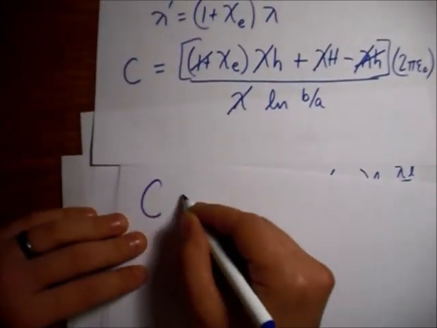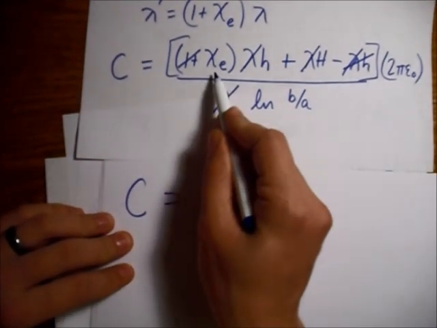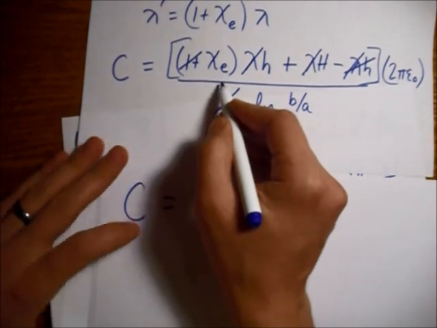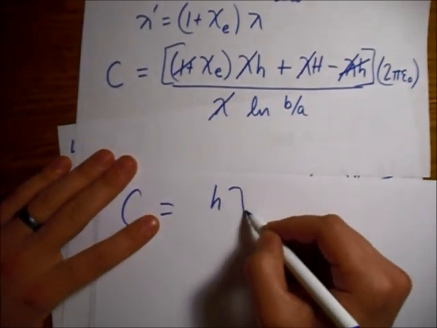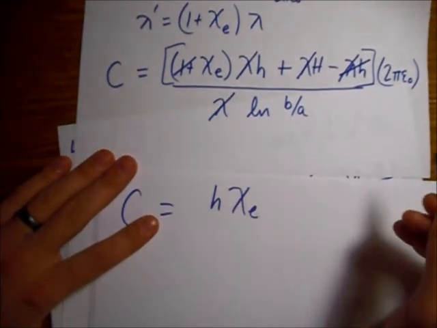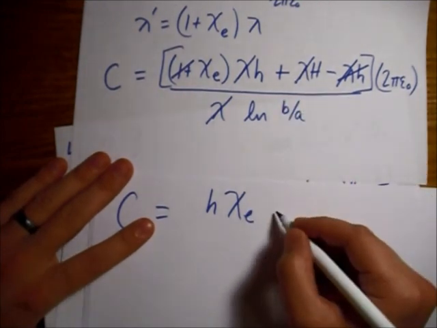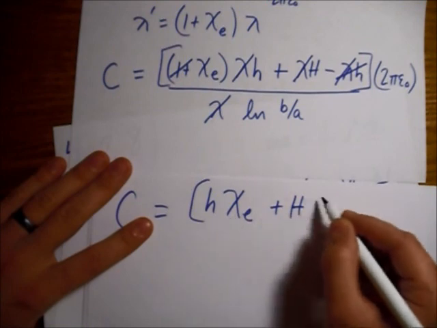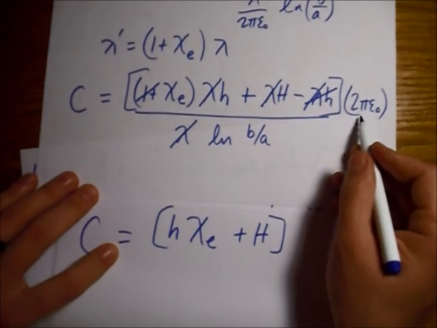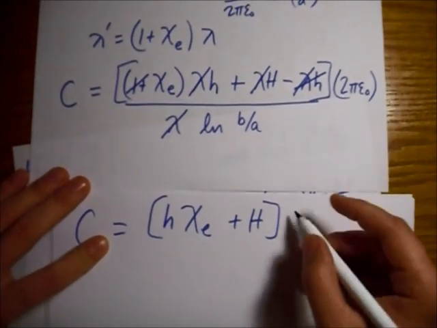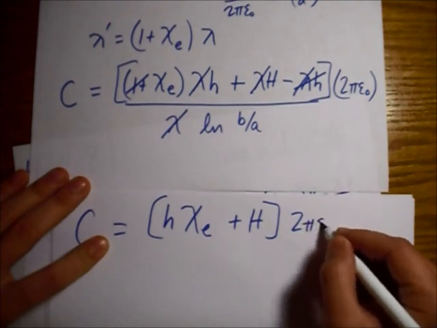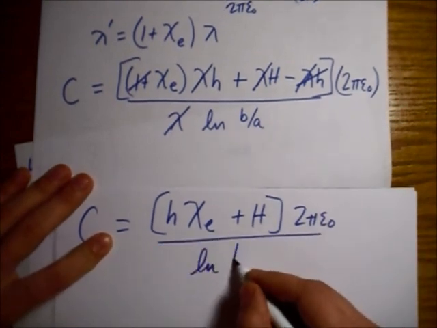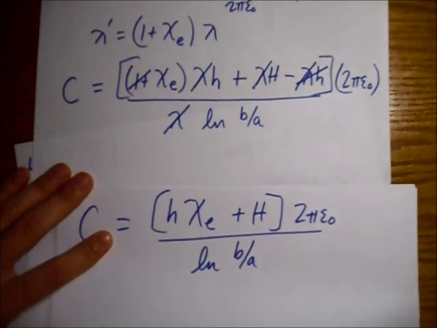Now we have what's left over: this little h multiplied by this electric susceptibility plus big H, multiplied by this 2 pi epsilon naught, all over natural log of b over a.